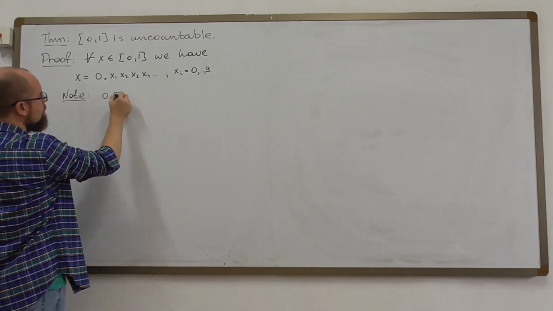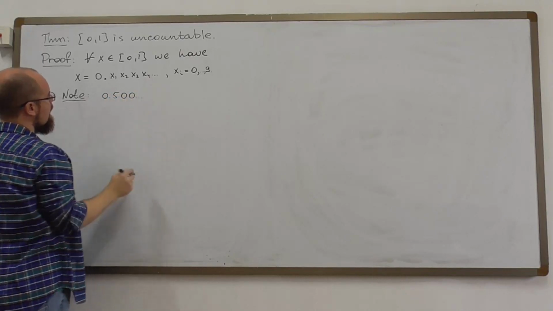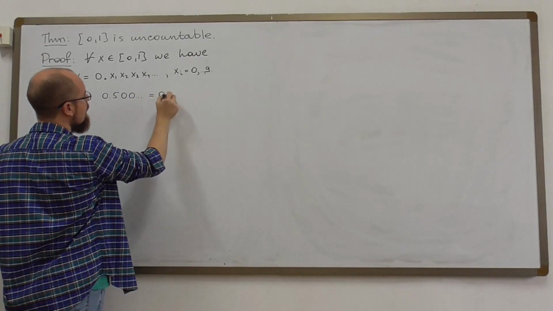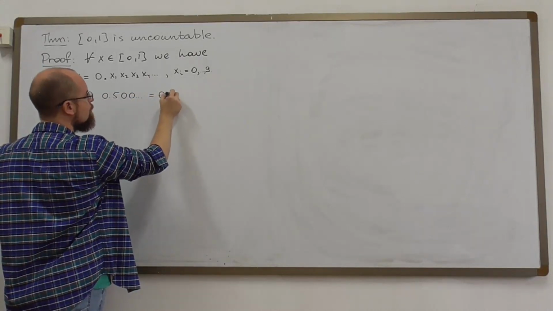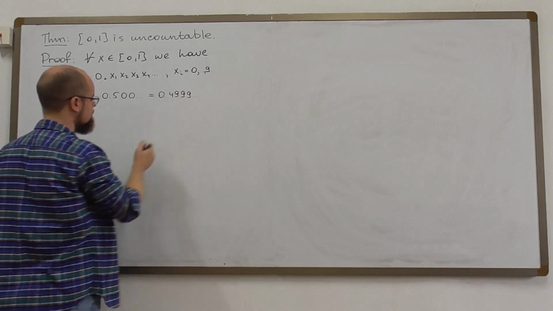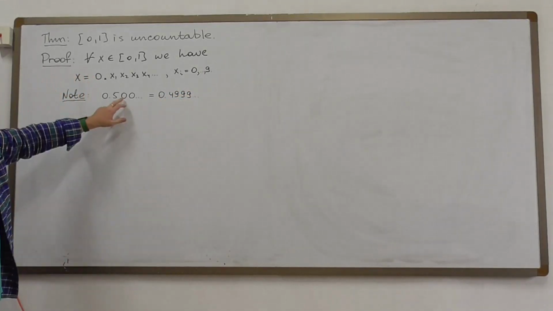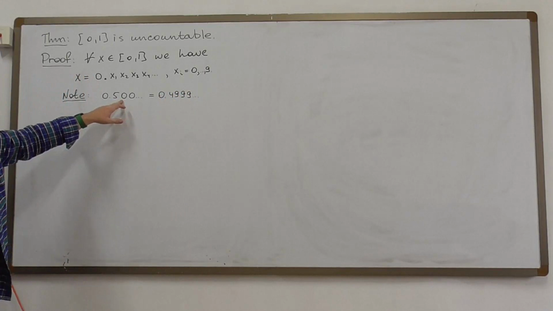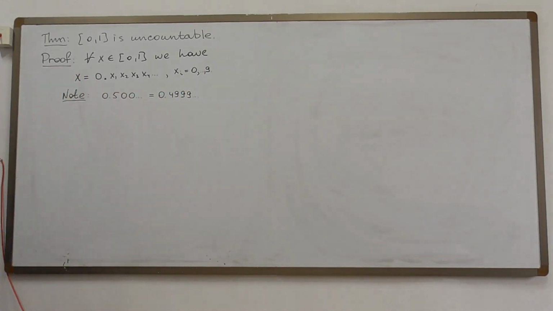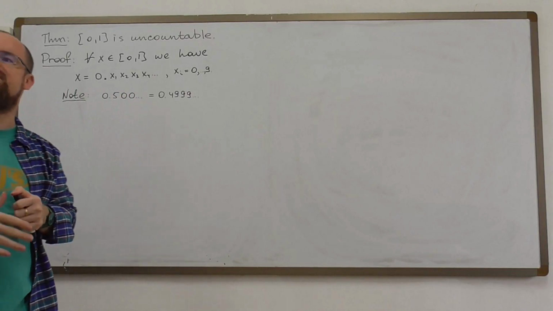Say, one half can be written as 0.5 and then all zeros, and also it can be written as 0.4 and then all 9s. We should be careful about this. In our construction we will avoid this case to avoid miscounting.